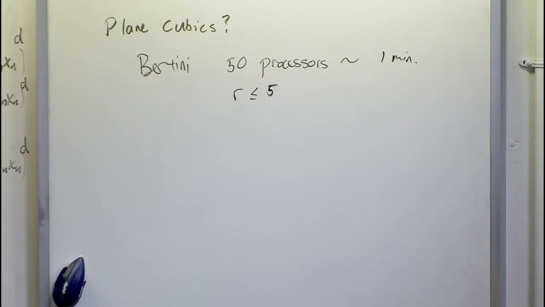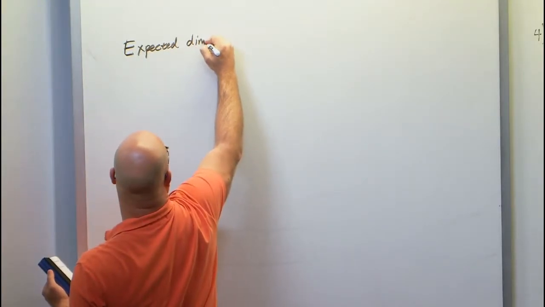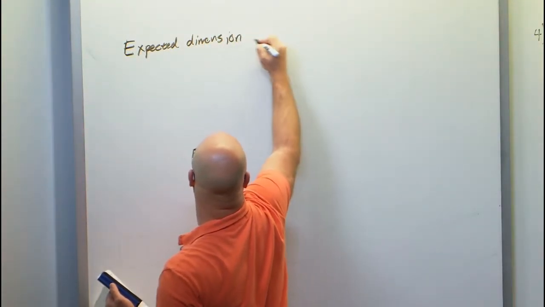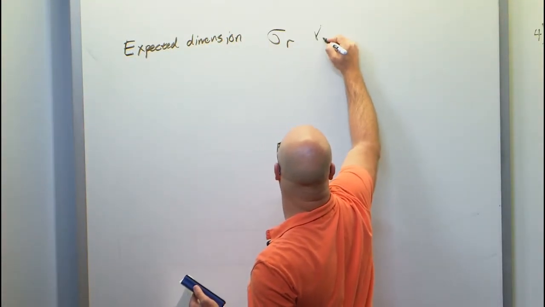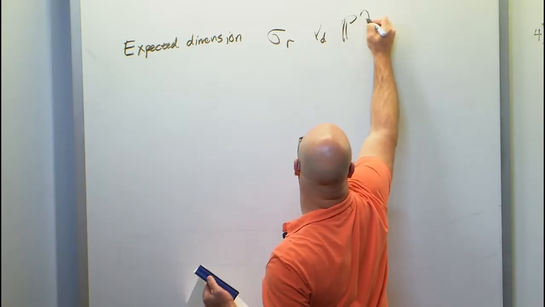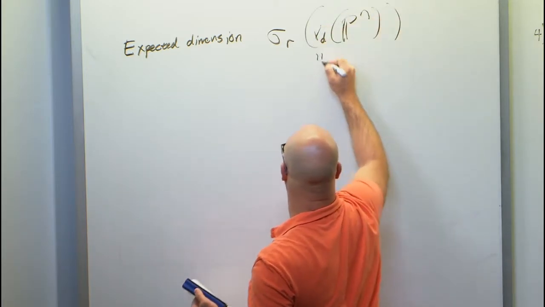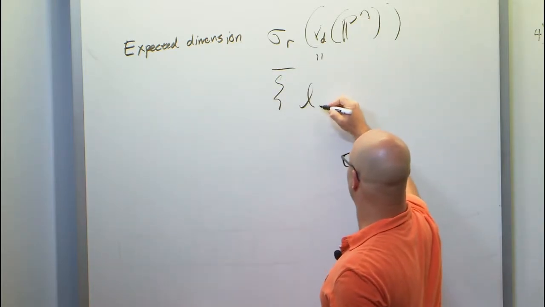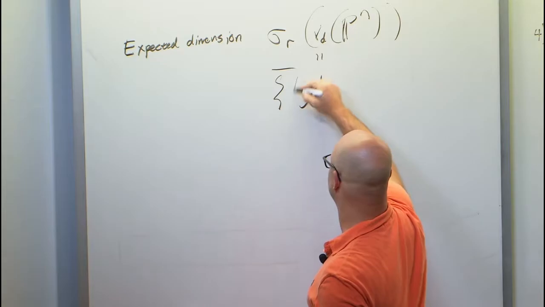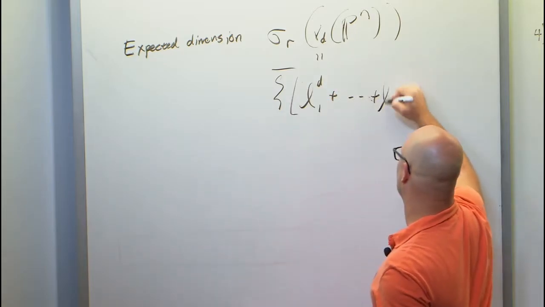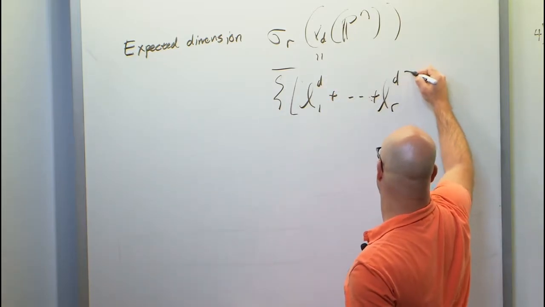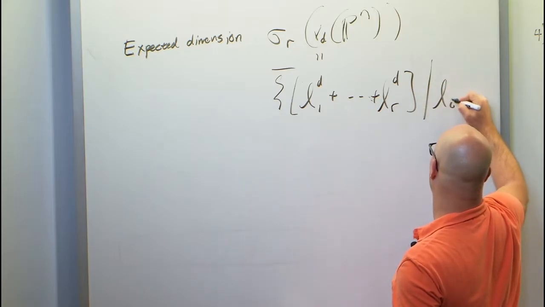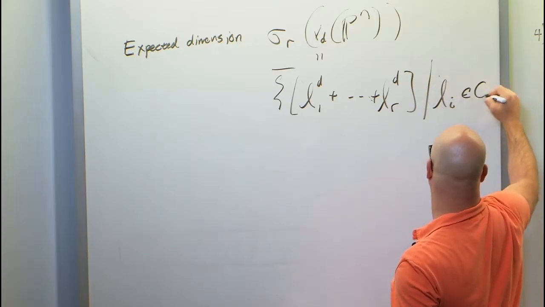So again, we have the expected dimension of sigma r of nu p pn. So this is the Zariski closure of all of the polynomials of the form L1 to the d plus ... plus L r to the d, such that Li is in C^(n+1).